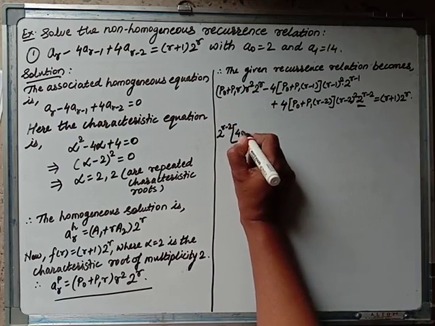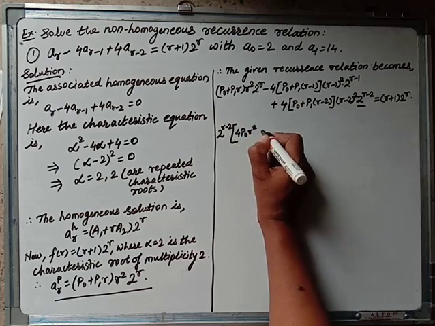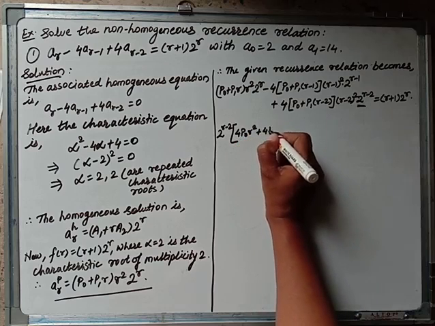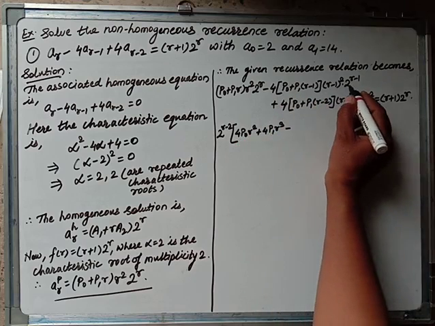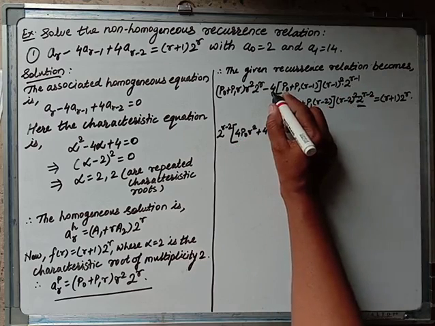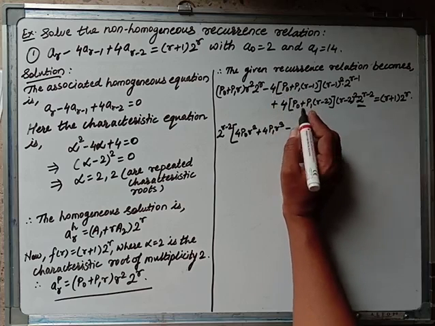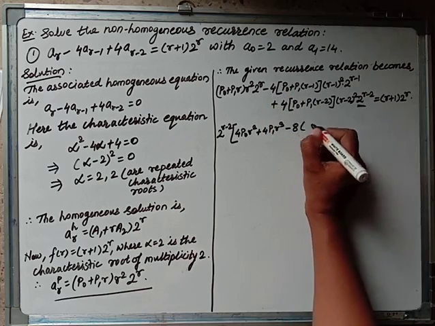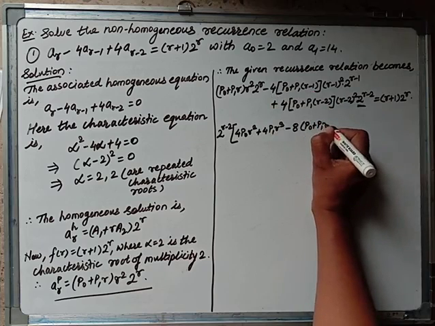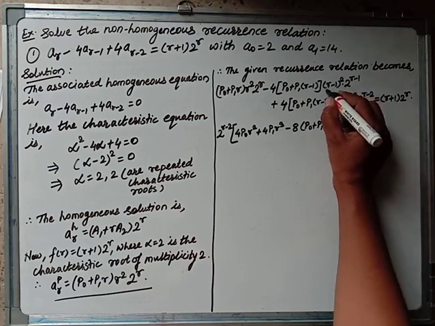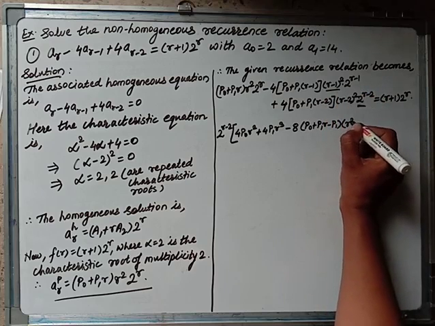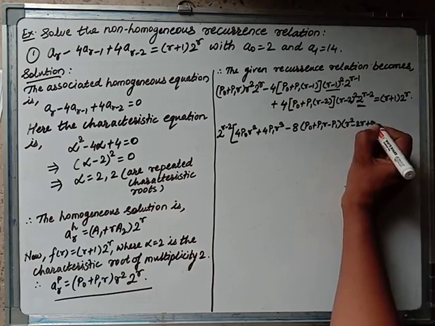So it will be 4 P0 r squared plus 4 P1 r cubed, minus, here 2 will be left, 2 into 4 will be 8, so it will be 8 into (P0 plus P1 r minus P1) into another bracket, which is (r squared minus 2r plus 1).